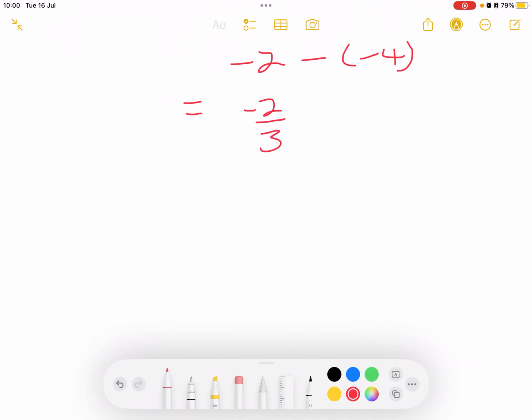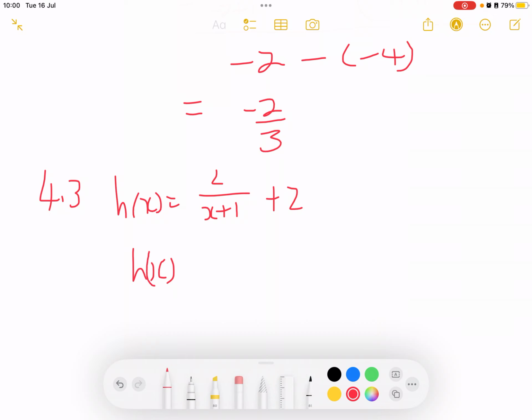The most complicated one, I'd say, we know h of x is equal to 2 over x plus 1 plus 2, and this h of x is greater than 4.